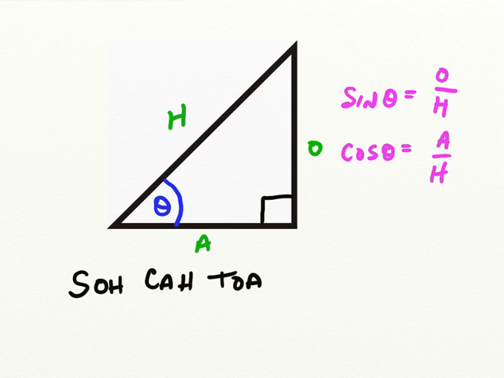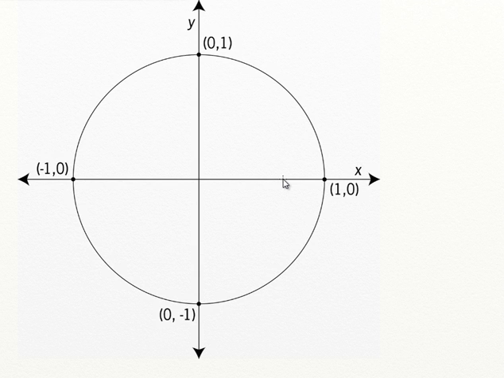So let's do that. Now here's a circle, and this is called a unit circle. And the reason why it's called a unit circle is because it has a radius of 1. You can see that it is centered right at the origin at (0, 0) of our coordinate axes. And you can see that it has a radius of 1 over here on this right side. x has a value of 1, y is 0.